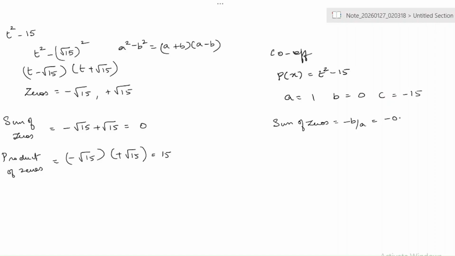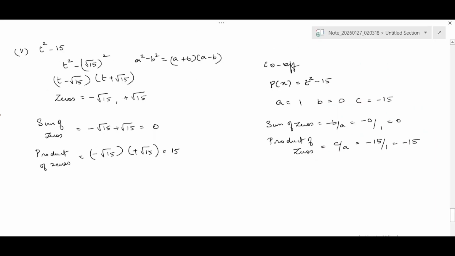So minus 0 by 1, that is 0. Product of zeros will be c by a, that is minus 15 by 1. So that is minus 15.